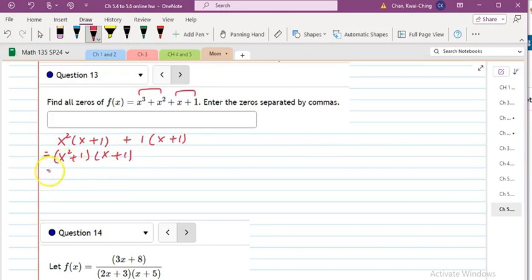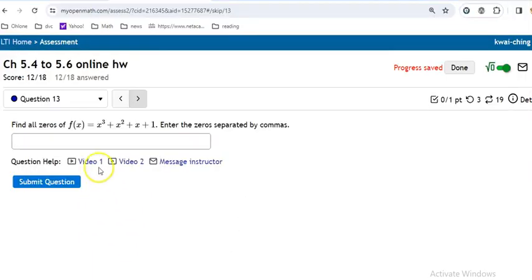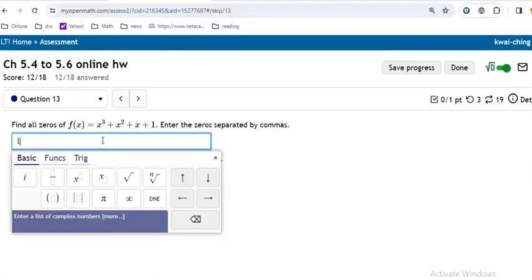Again, we have x plus 1. X squared plus 1 equal to 0. X squared equal to negative 1, because I subtract 1, and then x would equal plus and minus i. And then x plus 1 equal to 0. X is equal to negative 1. So i, negative i, and negative 1.